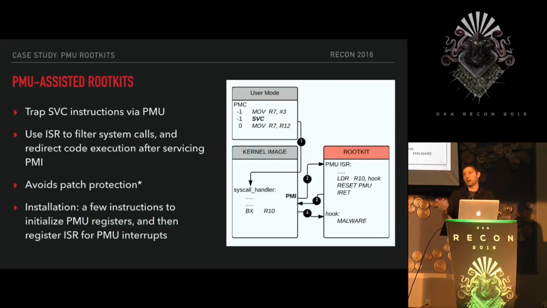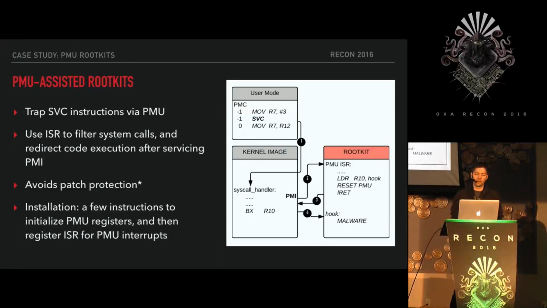So the idea behind a PMU assisted rootkit is the fact that, hey, let's count supervisor calls, since most OSs use that vector for handling system calls. Let's try to trap all these supervisor call instructions, and then our ISR routine becomes the rootkit.